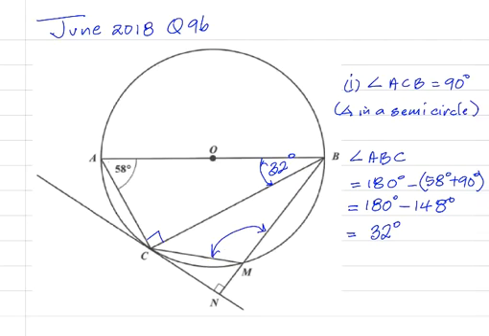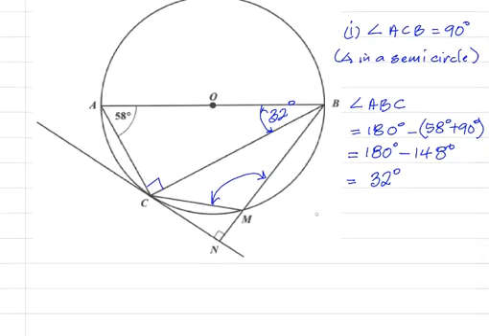So angle CMB would be equal to 180 minus 58.